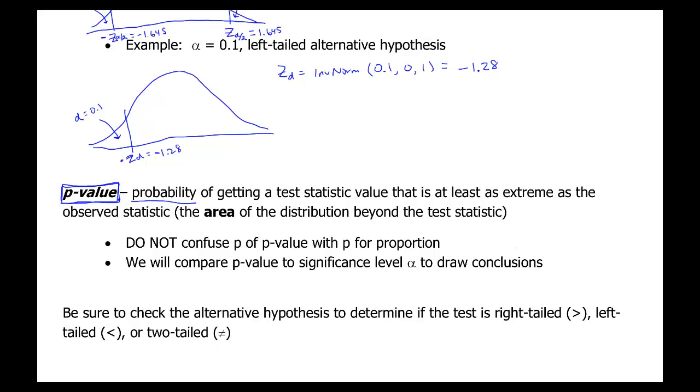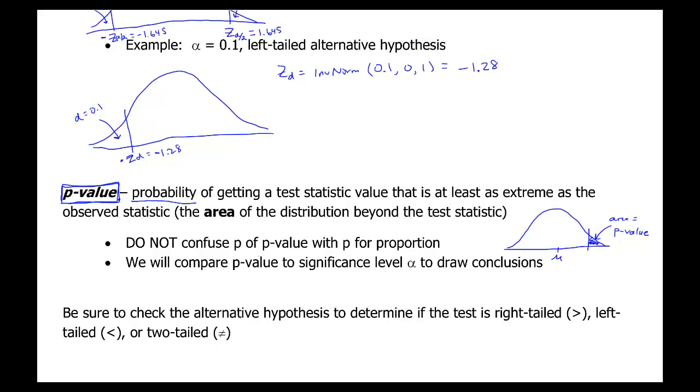So anytime that we have ever calculated a probability from a test statistic, say we were doing something like this, and we got this area, that is a p-value. So we've always been just calling it probability. Now we're adding a special term to it. But again, it's not a new concept, just a new name.